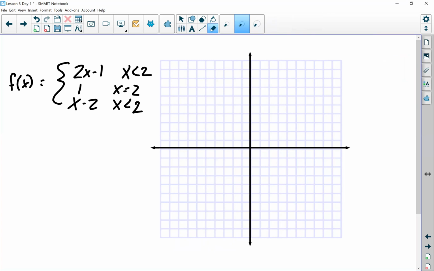So I'm going to give myself a little bit of room. Counting by halves.